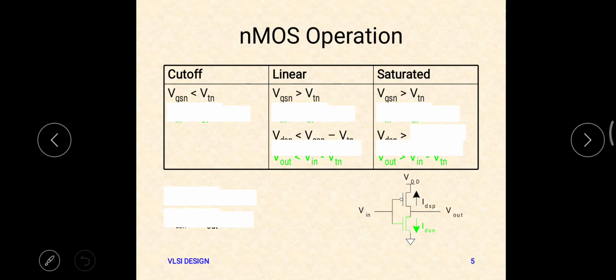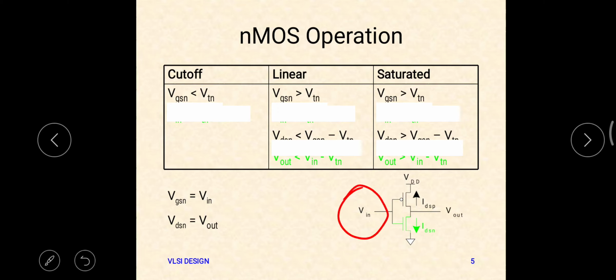If I consider the NMOS circuit, VGSN is nothing but your input and VDSN is nothing but your output. Just look at the diagram here. VGSN is your input, VDSN is your output.